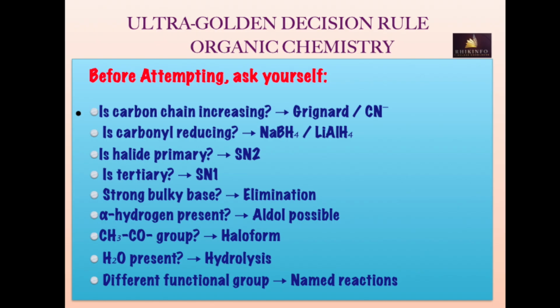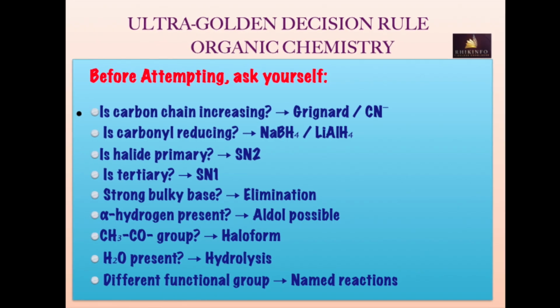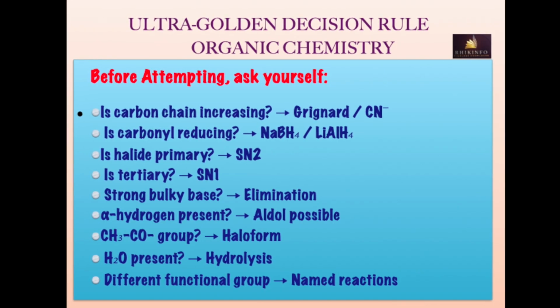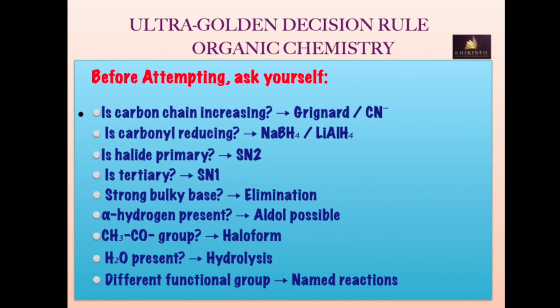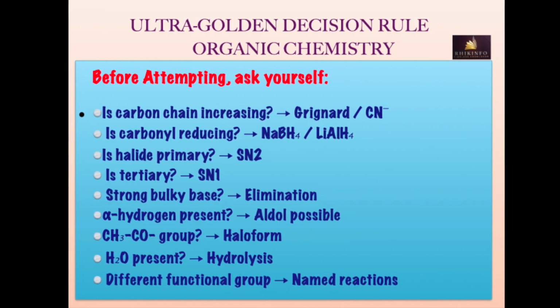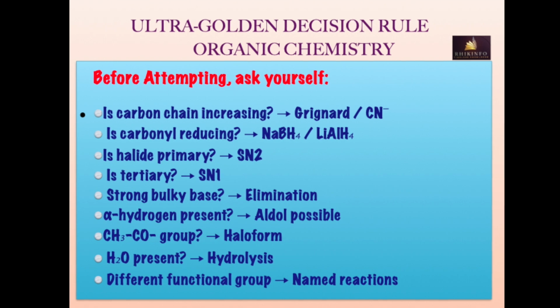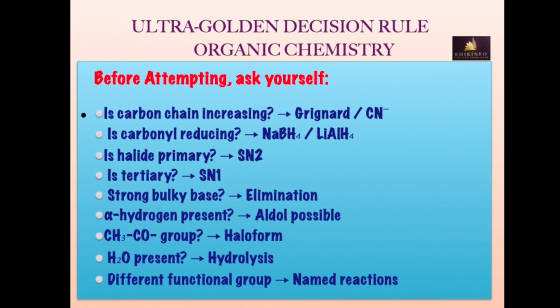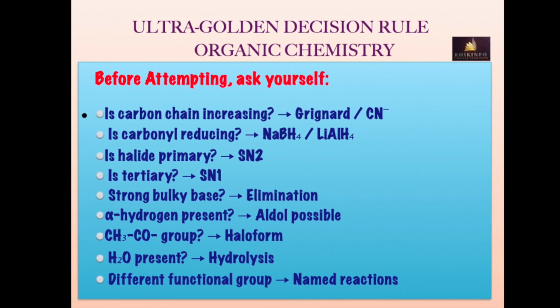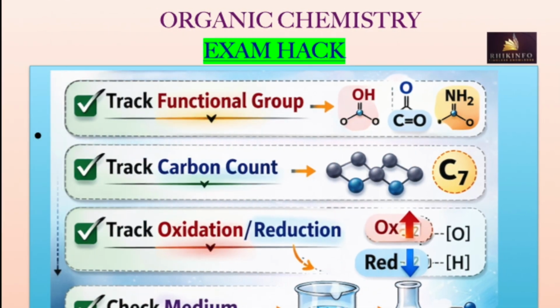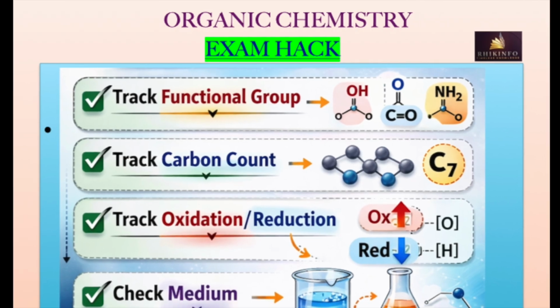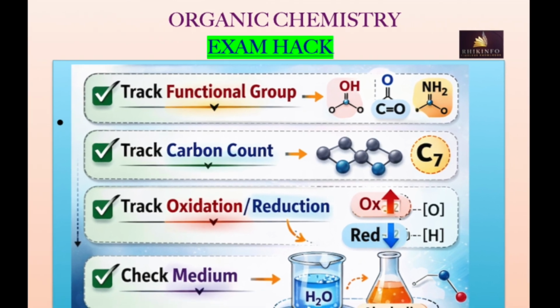Here's the key point. Before answering an organic conversion, quickly ask yourself: is the chain increasing? Is reduction happening? What is the degree of the halide? Is there a bulky base? Is alpha hydrogen present? Is there a methyl ketone group? Etc. This level of strategic thinking prevents you from making silly mistakes.